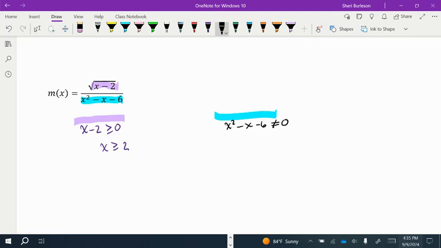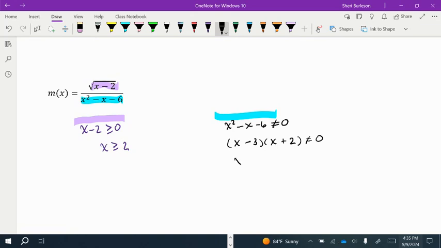So now to solve this quadratic, you can either use the quadratic formula, which I would like for you to start moving away from, because this is a simple factoring problem, and you're going to need to learn how to factor again, or remember how to factor. So I need two numbers that multiply to make -6 and add to make -1. That will be -3 and +2.